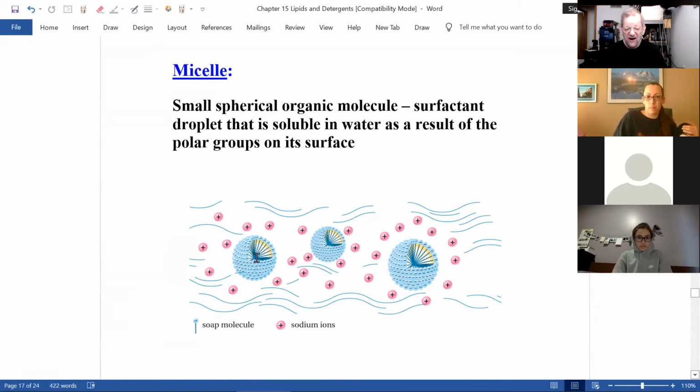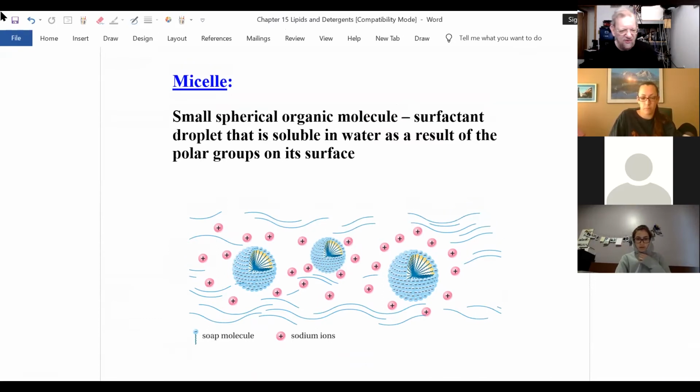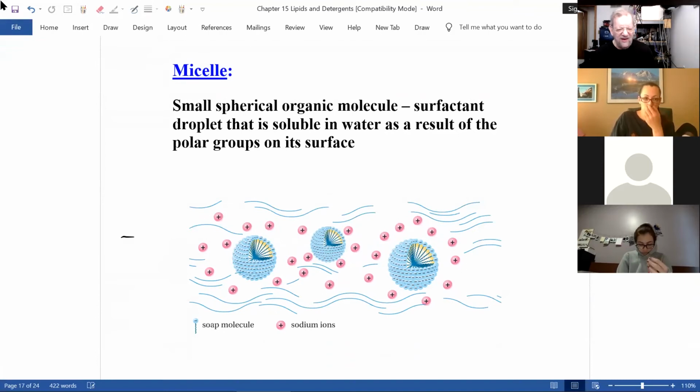And if you cut out a piece, assuming this is surrounded like an orange or whatever round, if I were to cut out a section and look inside, in the very center here, I have my dirt. And then all around this, you see the non-polar tails here, and on the outside, the polar heads. So once you form a micelle, each one of these is a micelle.